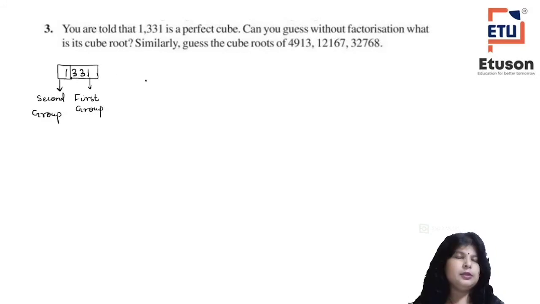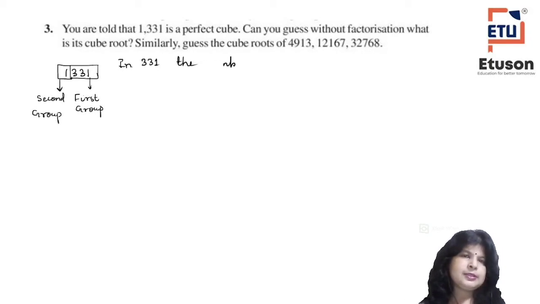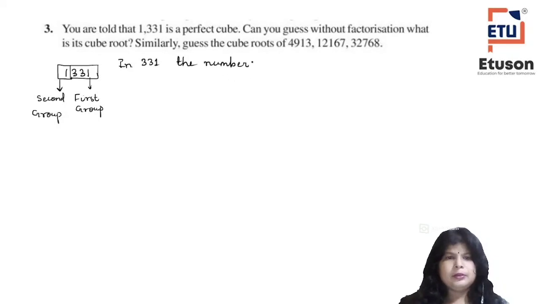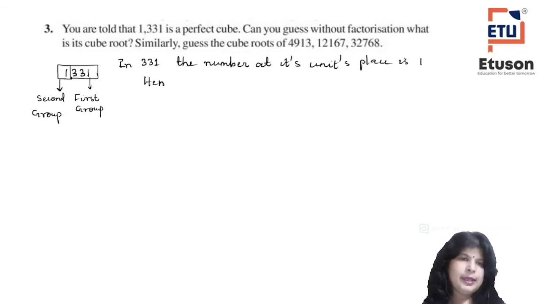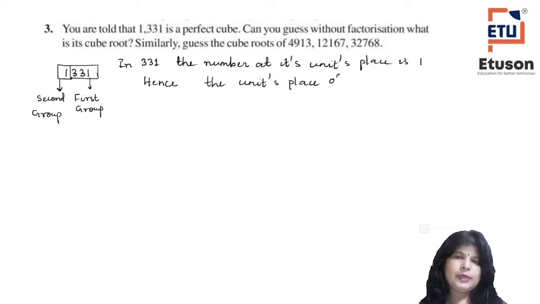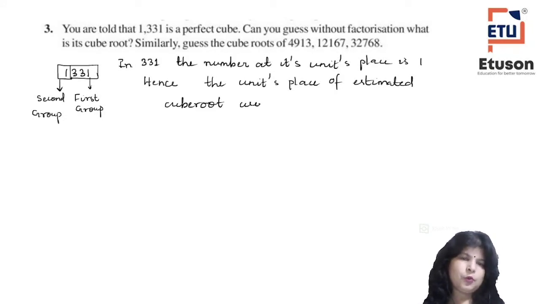In 331, the number at its units place is 1. Hence the units place of the estimated cube root will have 1.